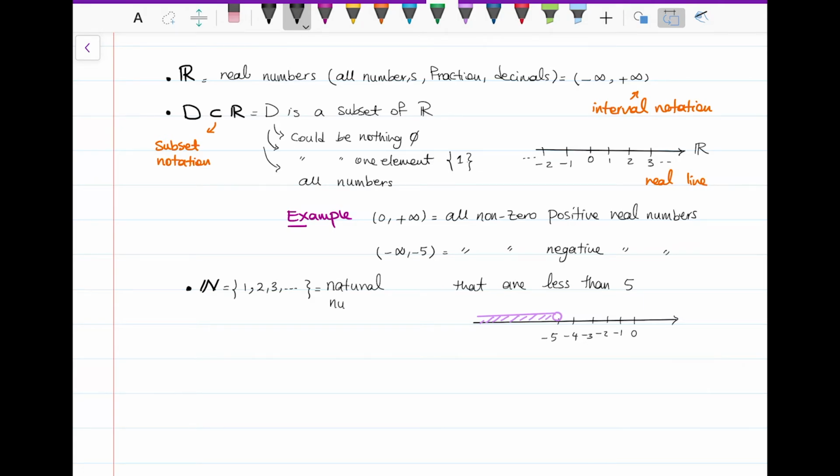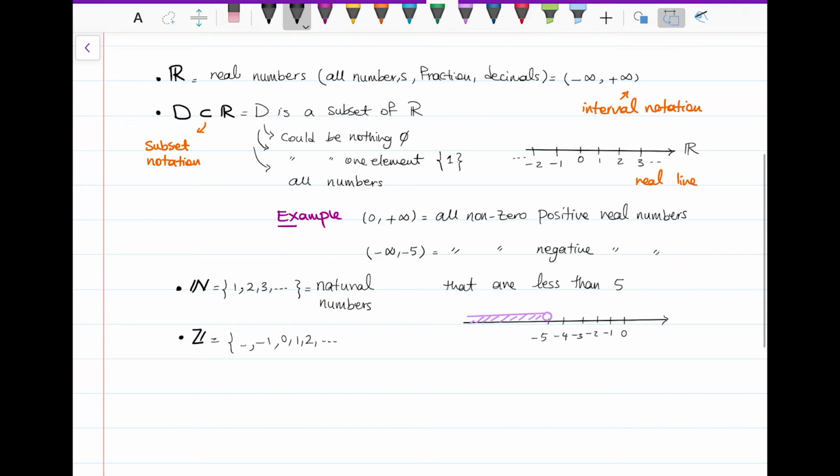This is a subset of R as well. Another one, we use script Z, and this is the set of all the numbers 0, 1, 2, 3, and also including the negatives of them, negative 2. This is called the integers, the set of all the integers.